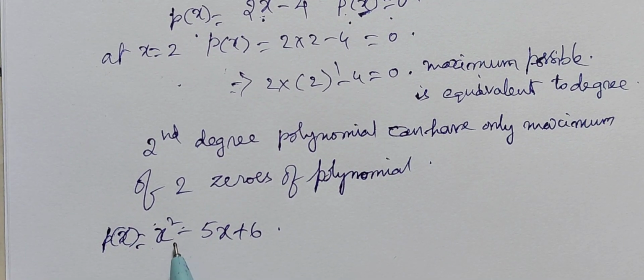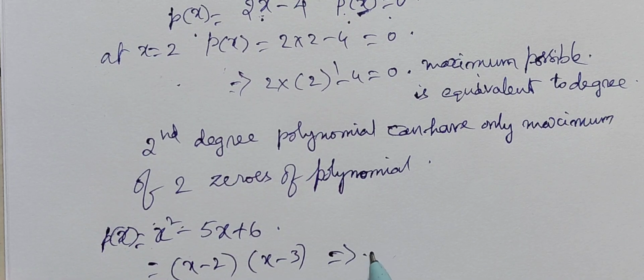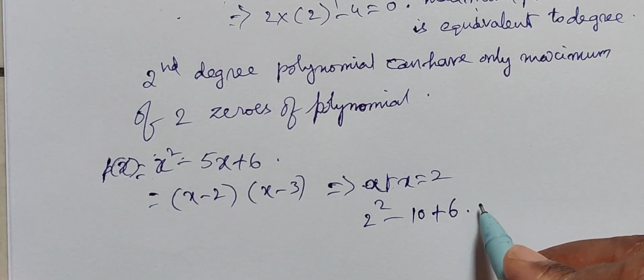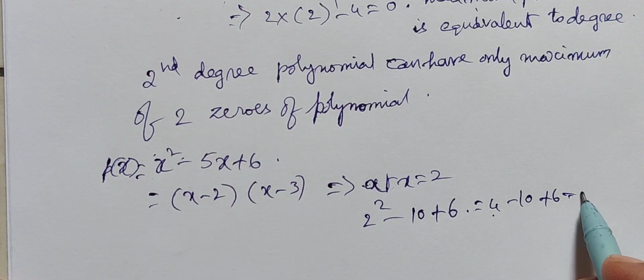If we factorize it, it becomes x minus 2 into x minus 3. That means at x equal to 2, this equation becomes 0. Why? At x equal to 2, it becomes 2 square minus 5 into 2 plus 6, that is 4 minus 10 plus 6, which is 10 minus 10, 0.